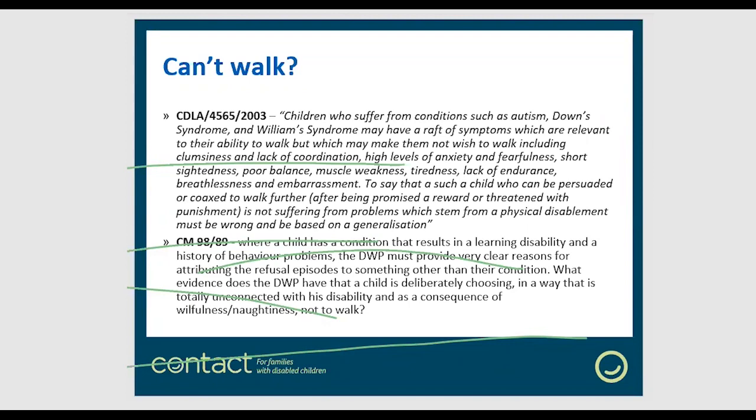So it's turning it on its head, really, and saying, if we know the child has these symptoms that are likely to cause interruptions in walking, where's the evidence that the DWP have that would suggest that there's some other explanation for this? They can't just suggest that the child is choosing not to walk without explaining why they believe that to be the case.